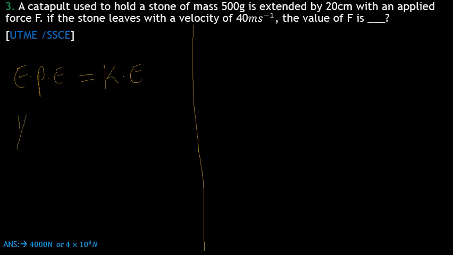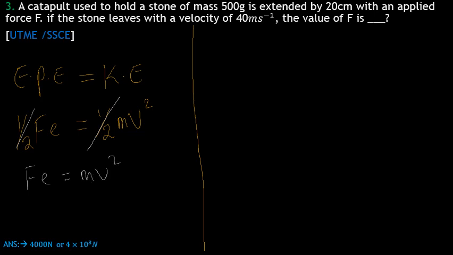So half Fe, the formula for elastic potential energy, is equal to half mv squared, the formula for kinetic energy. Half takes care of half, and we are left with Fe equal to mv squared. Our concern is to find the force, so F is equal to mv squared all over e.